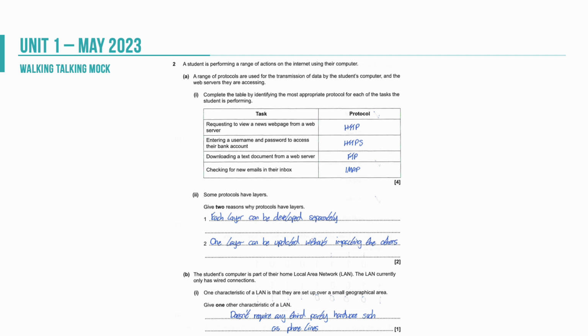So a WAN is made up of third parties, so like BT phone lines, but a LAN doesn't require that. Again, this is a question where students have tended to drop marks historically, but a good answer there to get is that we don't need any third-party hardware.